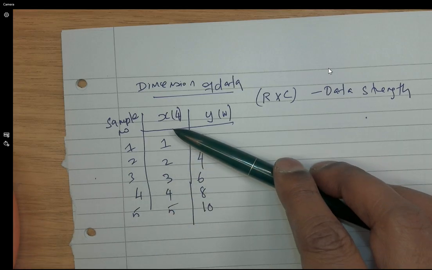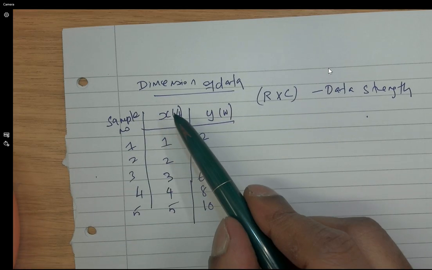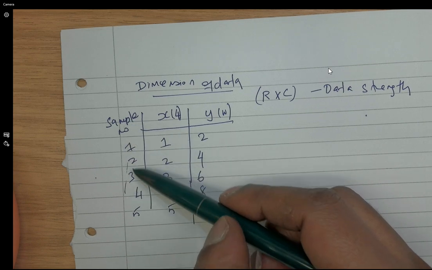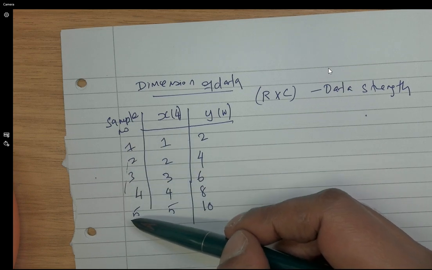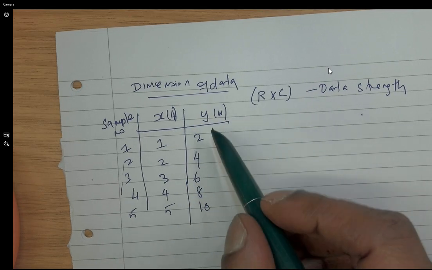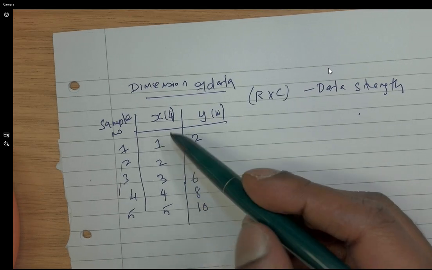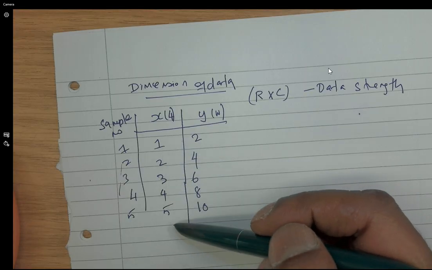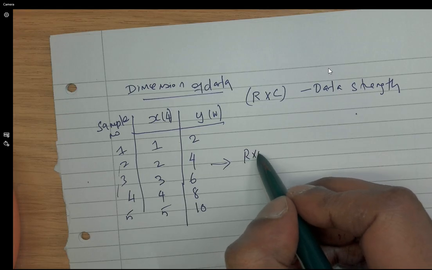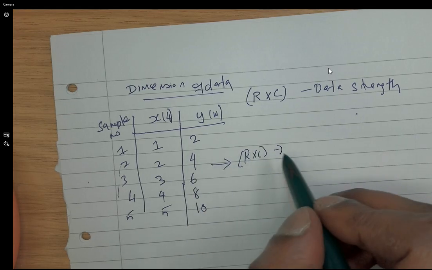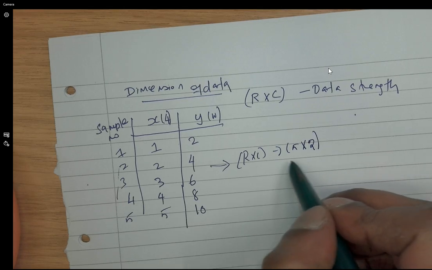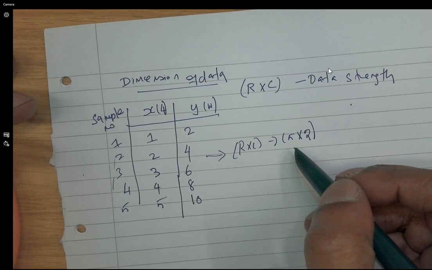In this data set you have 2 variables. The sample number is not a variable, it is just a reference number for the samples we characterized. So we have 2 dimensions, which means 2 columns, and 5 samples, which makes 5 rows. So the dimension of this data is rows multiplied by columns, which means 5 multiplied by 2. That's how you write the dimensions of the data.